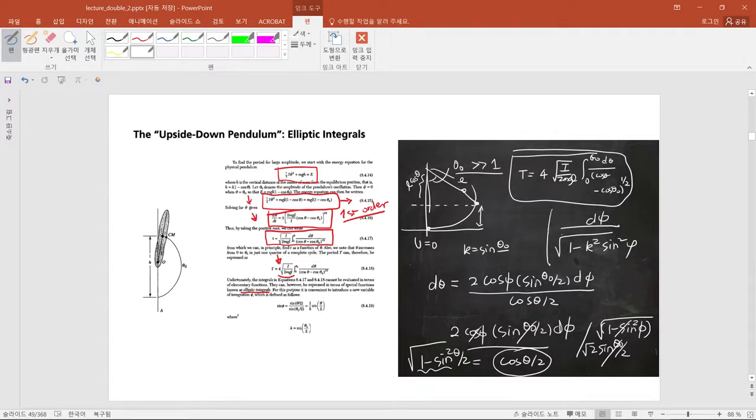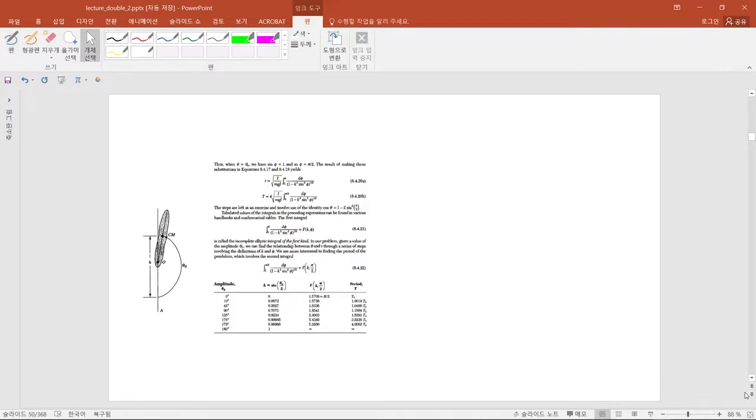So you get this one. Putting this all together, from 0 to pi over 2 is the elliptic integral. It took us some time, but anyhow, this one, 1 minus k square sine square phi, is the elliptic integral.